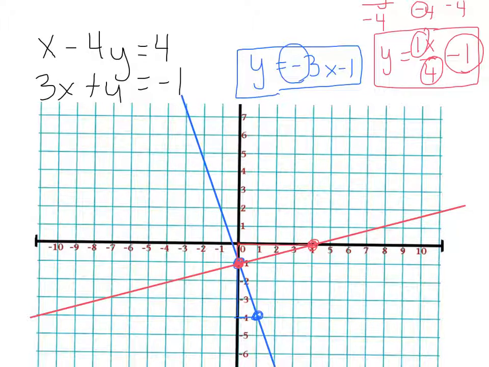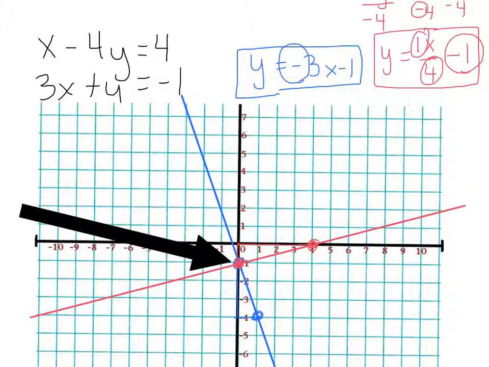Okay, so the solution to a system of equations is where the two equations meet. Well, they clearly meet right there, don't they? Okay, and that is the point 0 left and right and down 1. Now, when you have an ordered pair, the first value is your x and the second value is your y.